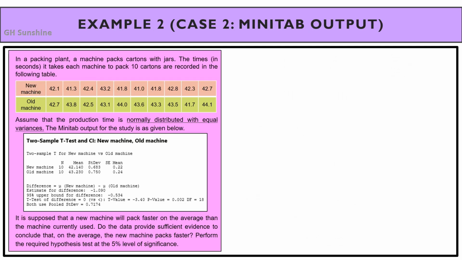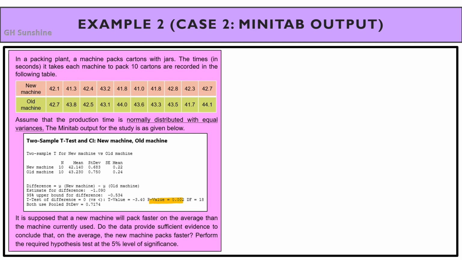So what happens if you are given a Minitab output? Same example, but Minitab output. So how can you conclude the claim? So same as previous lesson, reject H0 if the p-value less than alpha. So what is the p-value here?